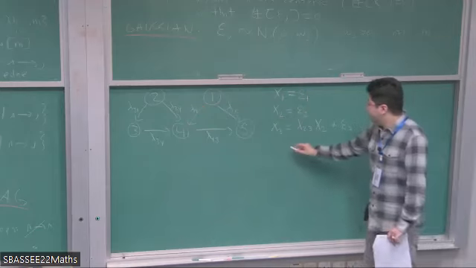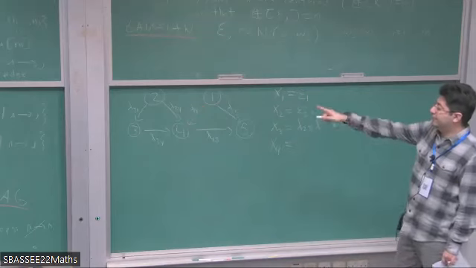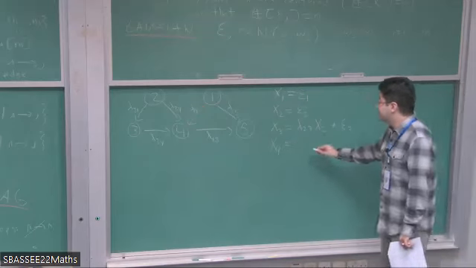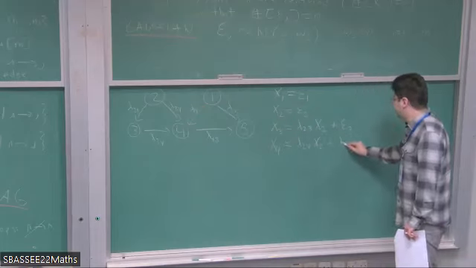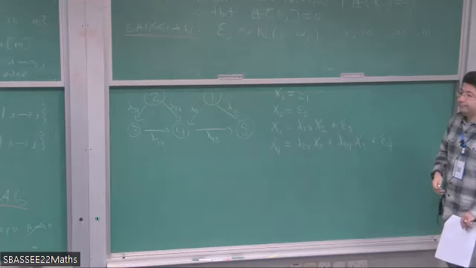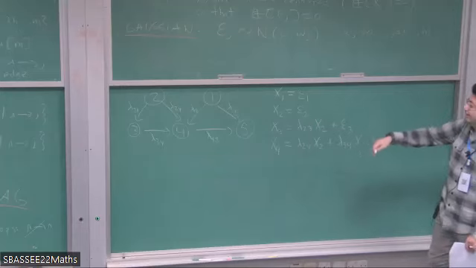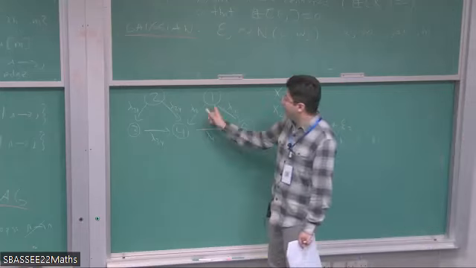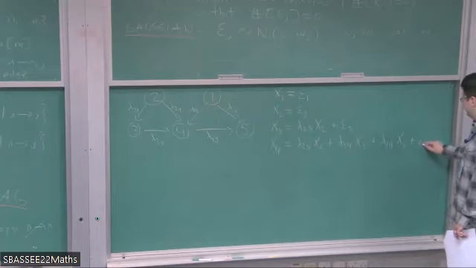Now x4. And so x4 has 2 parents, 2 and 3. So this is going to be lambda 2,4 x2 plus lambda 3,4 x3 plus epsilon 4. Oh, did I make a mistake? Does it have 3 parents? Oh, it has 1 parent more. Thank you, I was missing 1. That's correct, very good. 1 is also a parent. So then this would be lambda 1,4 x1 plus epsilon 4.